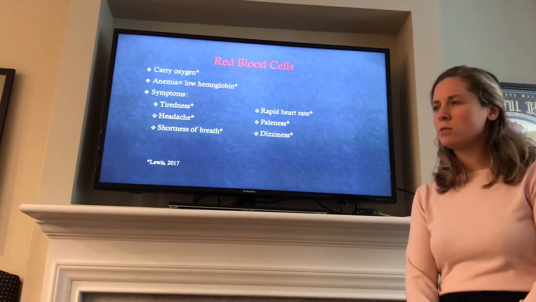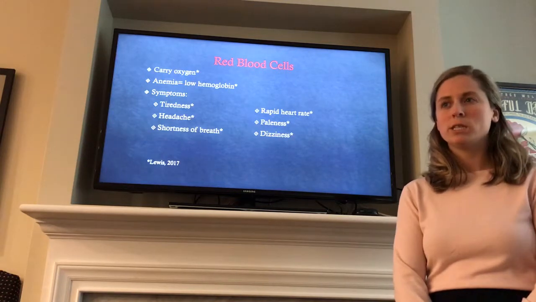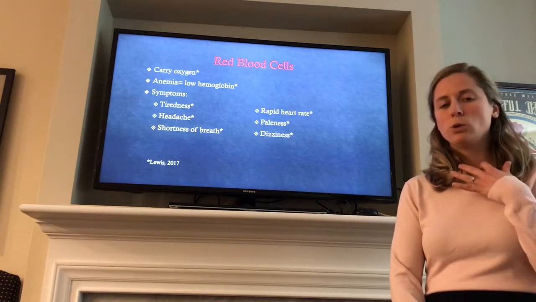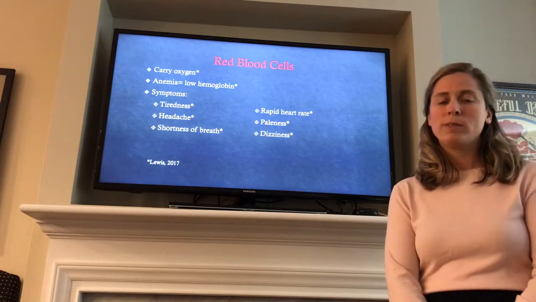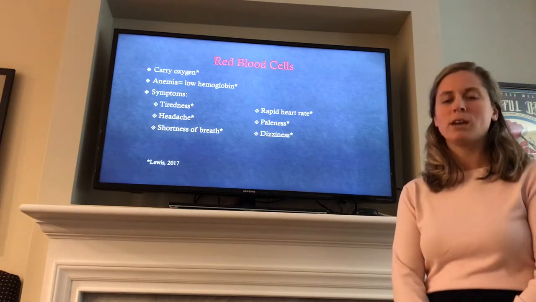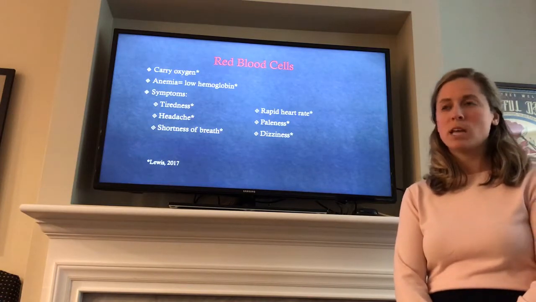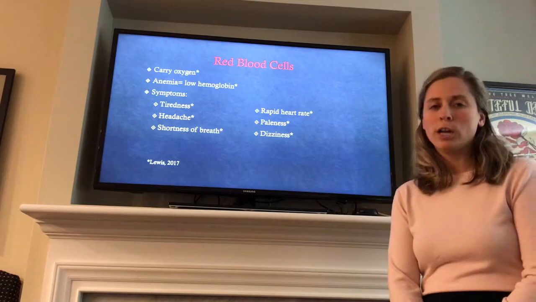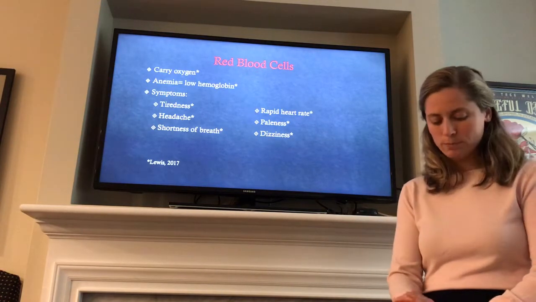And as far as treatments go, really we can do blood transfusions, and generally if a patient's hemoglobin is below around 7, we can do a transfusion for that. Or if a patient's hemoglobin is a little higher, but they're very symptomatic, they also may get blood transfusions. For example, if their hemoglobin is 8, but in the setting of tachycardia and fatigue, they may get a blood transfusion for that.